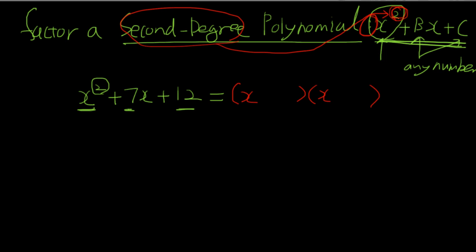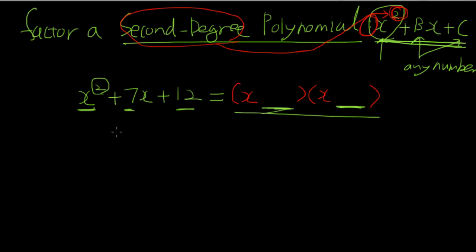So without much calculation or much analyzing, we're just going to talk about this second degree and put it in this format. Once we put it in like this, now what we're going to do is try to figure out the numbers that we're going to put in here and put in there.